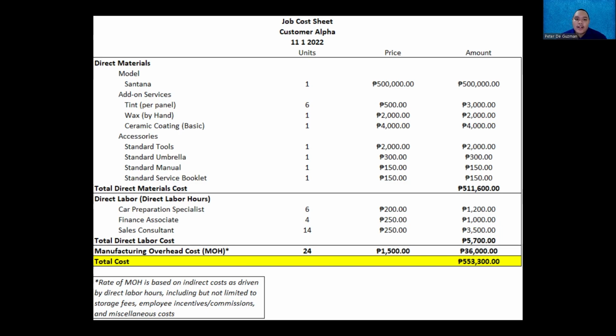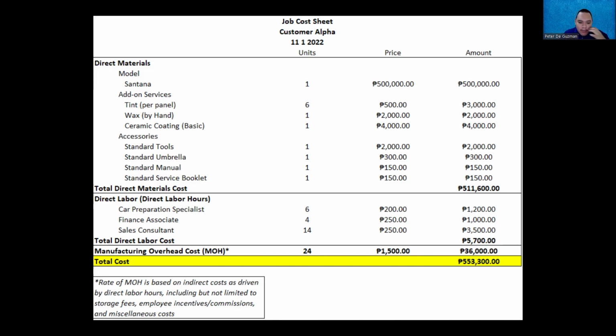Again, as mentioned earlier, the manufacturing overhead cost is more of an estimate, an approximation, probably based on historical data, or probably based on projections. Now, this is not an exact amount, but it helps decision makers within the firm paint a better picture of the costs associated with manufacturing overhead, vis-a-vis what drives the manufacturing overhead.